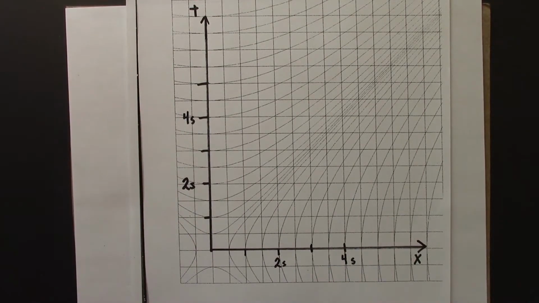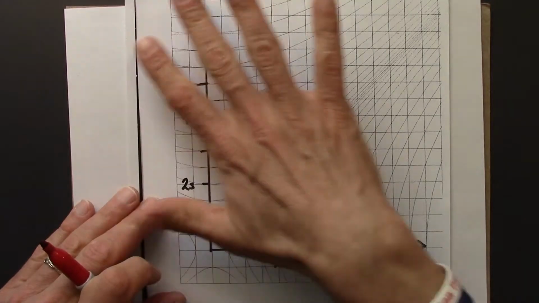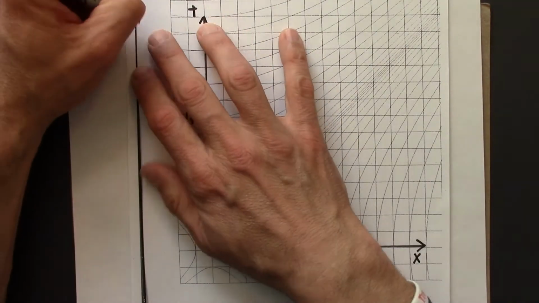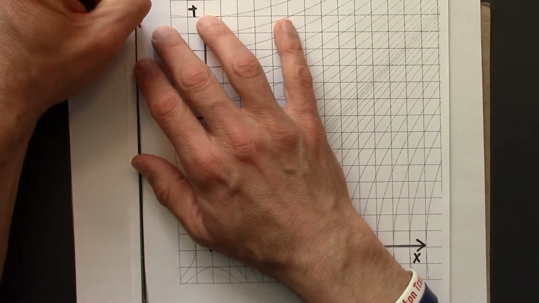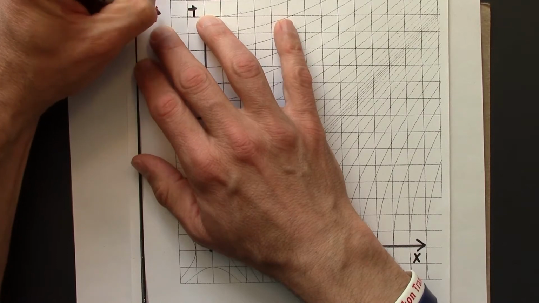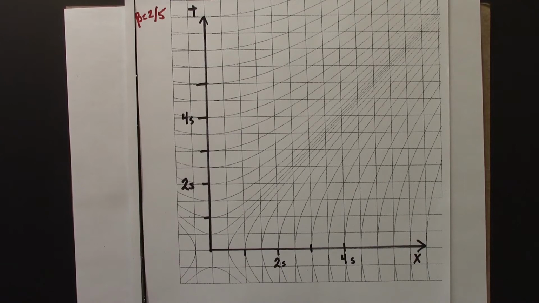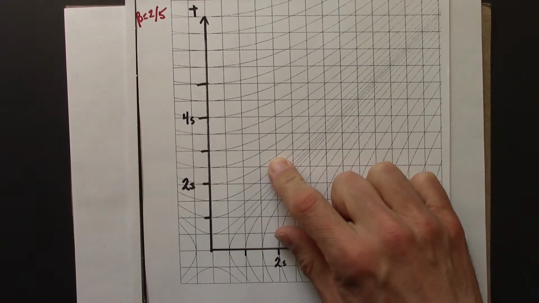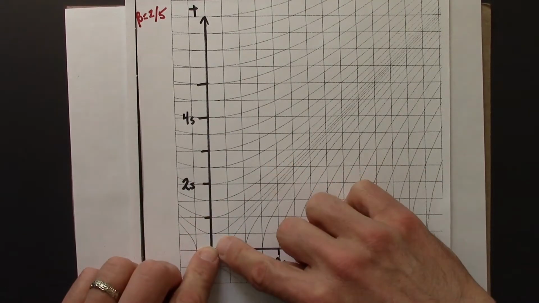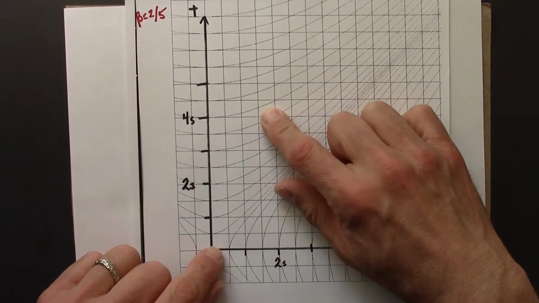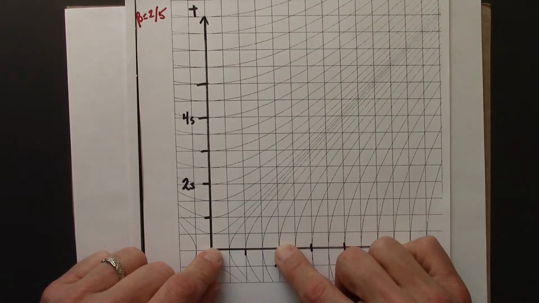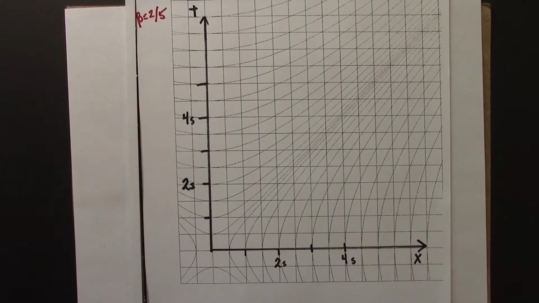So in this example, I'm going to assume that Beowulf, the moving frame, is going to go at 2/5, like we did in the other example. So then the t' axis, which I'll draw in blue, that's going to have a slope of 5 over 2.